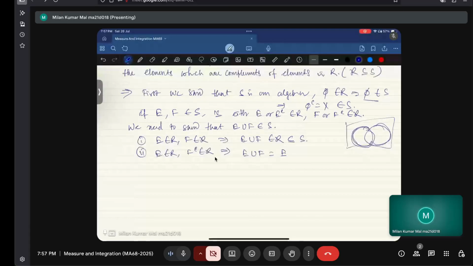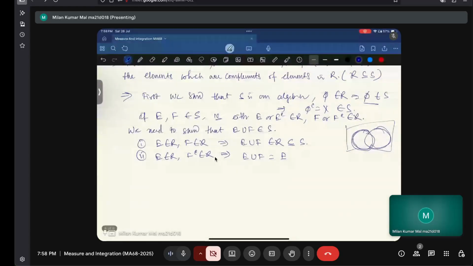In that case, E union F can be written as E complement intersection F complement, whole complement.